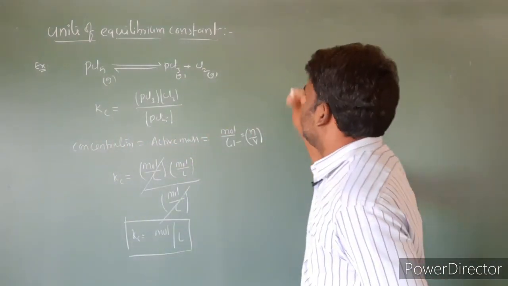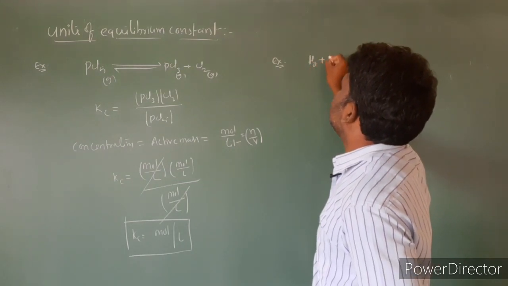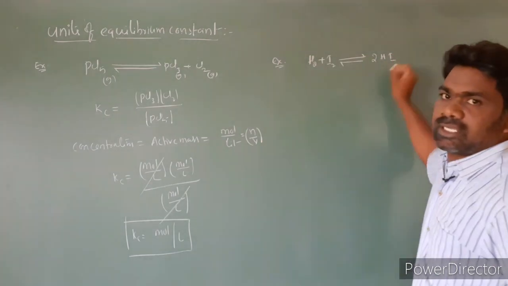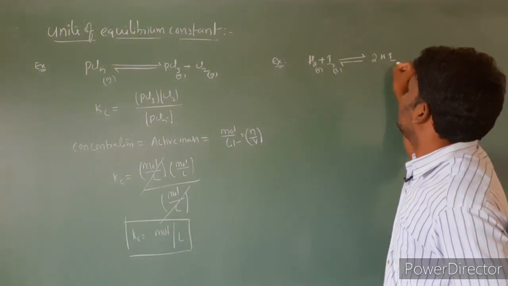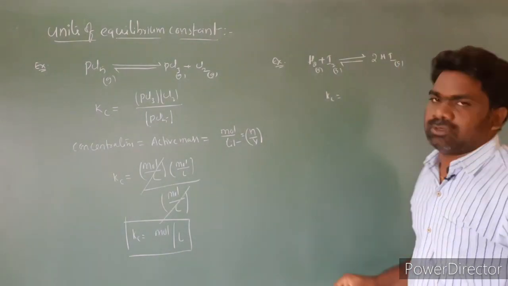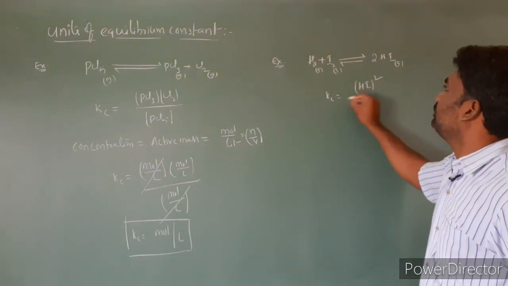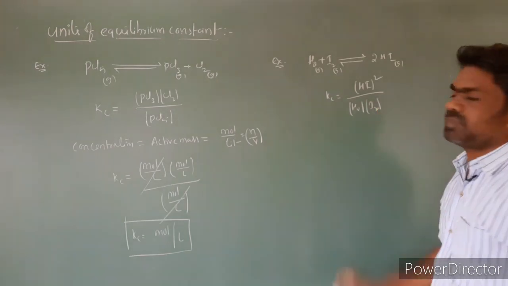I am taking a second example. H2 plus I2 gives rise to 2HI. All are gases. So the equilibrium constant Kc is equal to the concentration of product HI power 2 by H2 concentration and I2 concentration, isn't it?